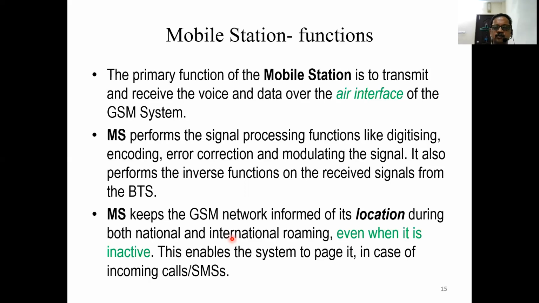Whenever the MS moves from one place to another, within the nation or internationally, it always informs the network, saying I am moving, I am at this place. It will notify its location either nationally or internationally while on the move or roaming.